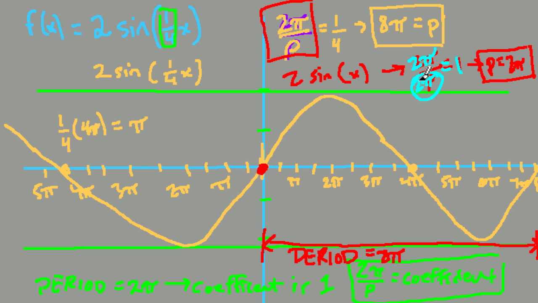When we divide by that, we do get the coefficient of 1, so it fits the sine of x. It fits the unit circle where the cycle is every 2 pi. And what it would look like here, if the amplitude was 2, is it would come up, and then down to pi, and then back up.